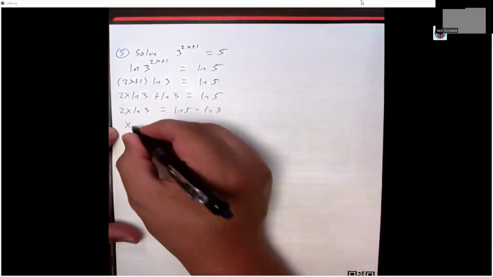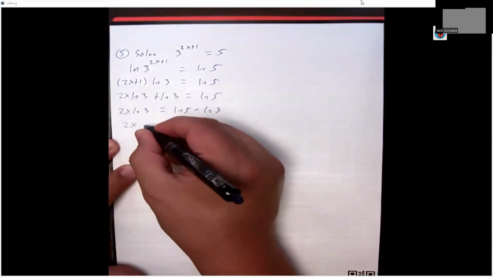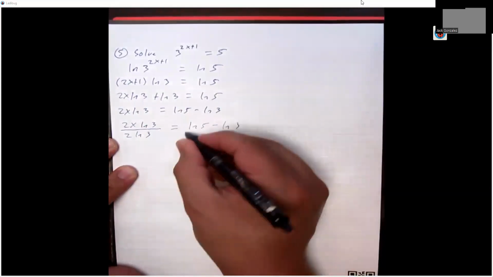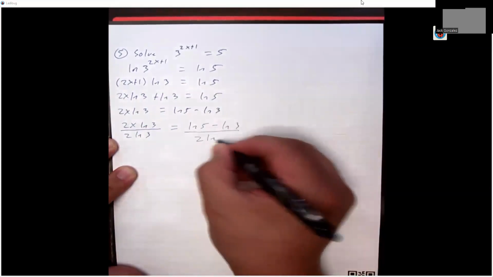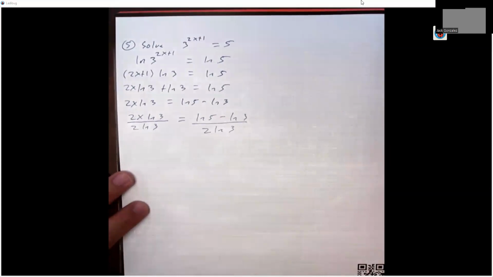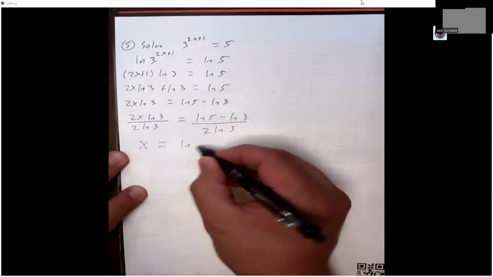So x will equal, well, let's show this step, I guess. Everything cancels except the x, so x equals this garbage here.